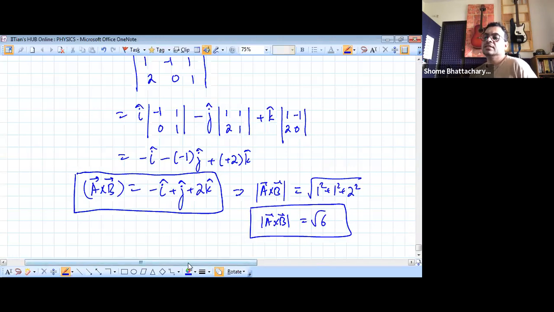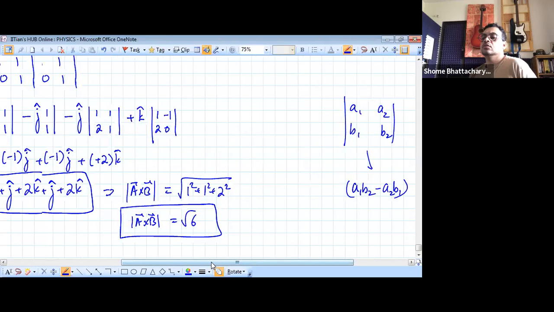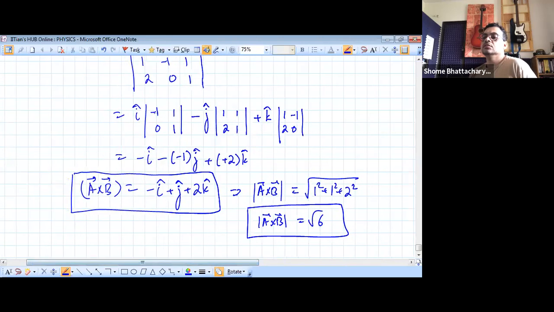You have to subtract inside C any determinant of this type now. This becomes A1 B2 minus A2 B1. So that's how we are getting these terms.